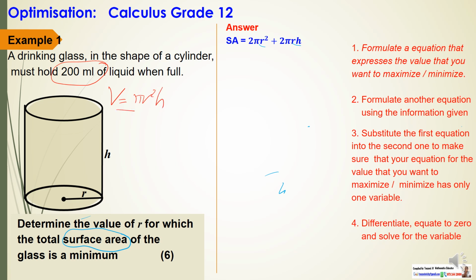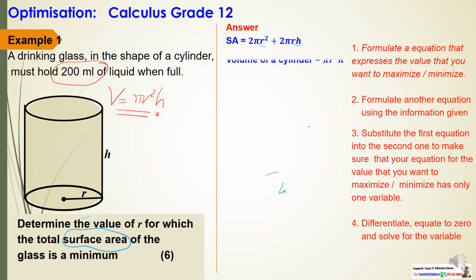So using the formula for the volume of a cylinder, we can formulate another equation that will help us substitute into the first equation so that we can make sure that the variable in our equation is 1, not 2. We need to express the equation in terms of r only or in terms of h only.